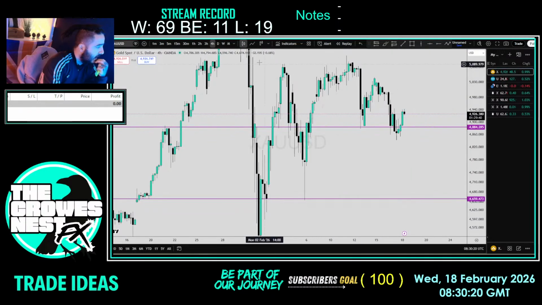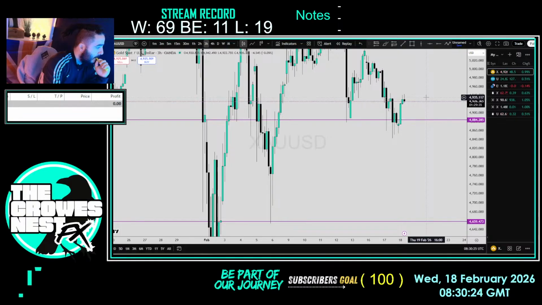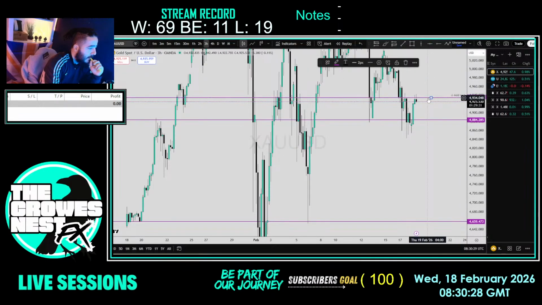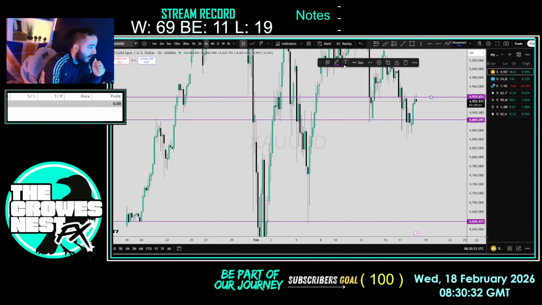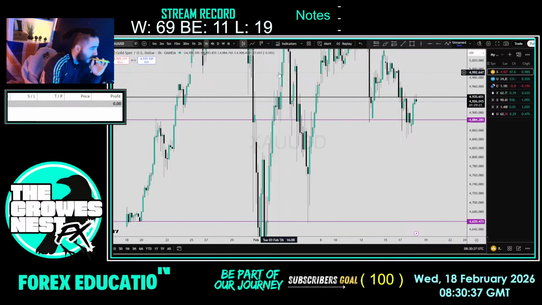We should come and tap that 4. We are respecting this level on the 3. We haven't had much of a top wick, and this gives us a top wick to here and then rejects. But are we going to pull back first?